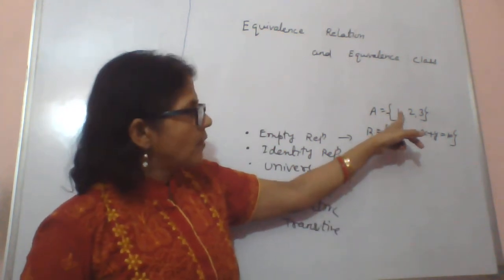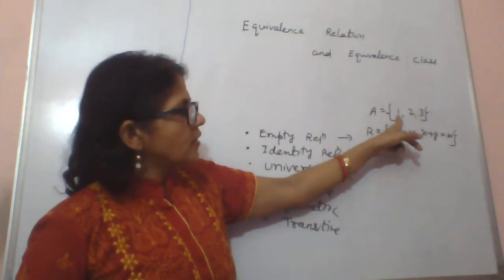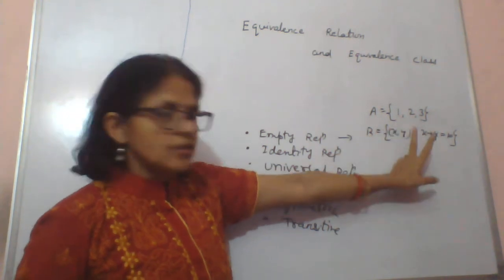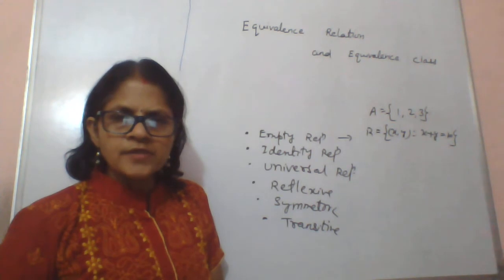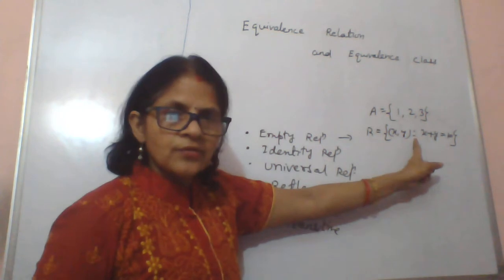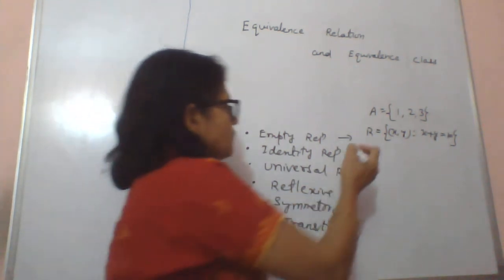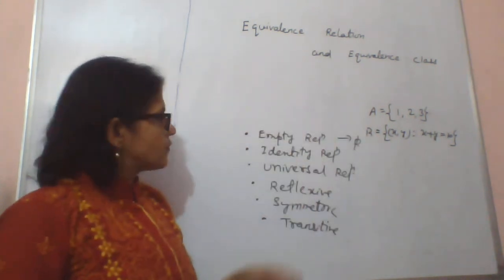If you list all the ordered pairs of the Cartesian product A cross A, you get (1,1), (1,2), (1,3), (2,1), (2,2), (2,3), (3,1), (3,2), (3,3). In none of the cases is the sum of the first and second components equal to 10, so you cannot get any element in this relation. So this is one of the examples of an empty relation.